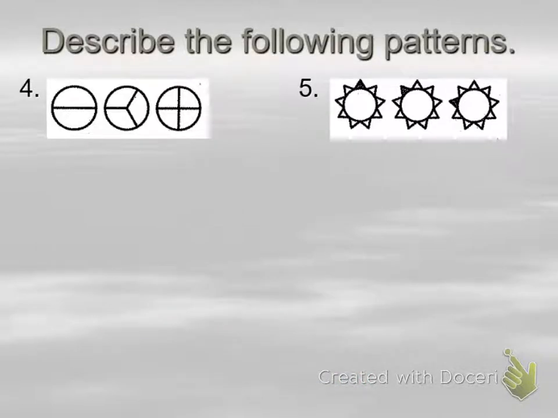All right, on number 4, what pattern do we notice? We're adding a line. Let's be a little more specific. Julian? Adds a third each time. Like we add a section each time? Yeah, that's getting closer.